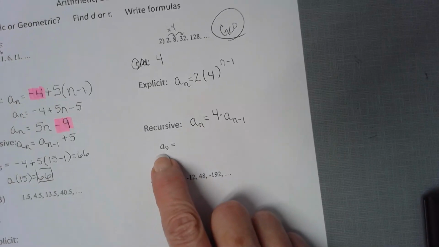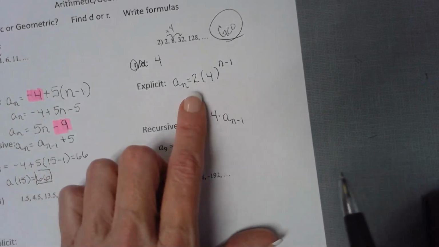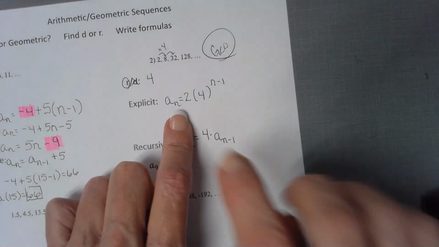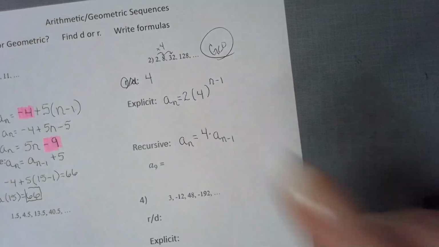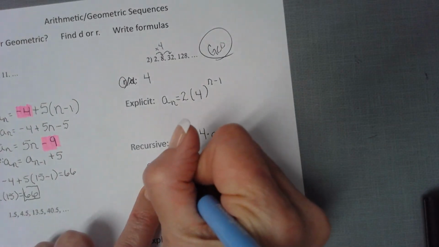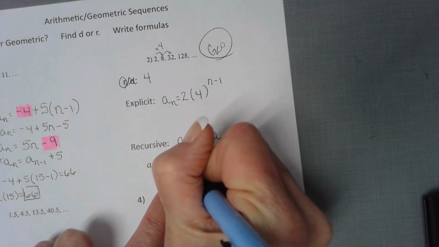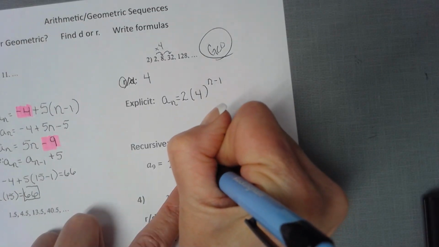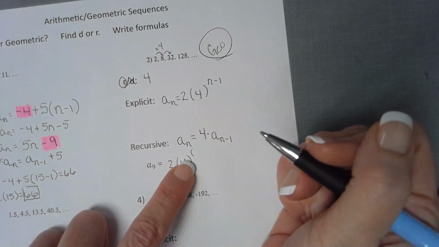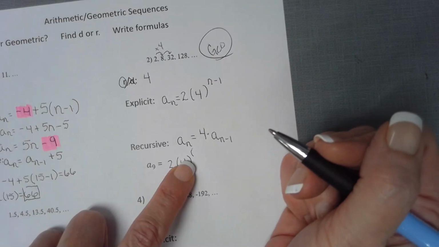Find the value of the 9th term. So what I'm going to do is go up here, and this is where I enter my term number, and it's 9. So I'm going to go ahead and write this: 2 parentheses 4, and in the calculator, you have to be very careful. You're going to have to put that power in parentheses.